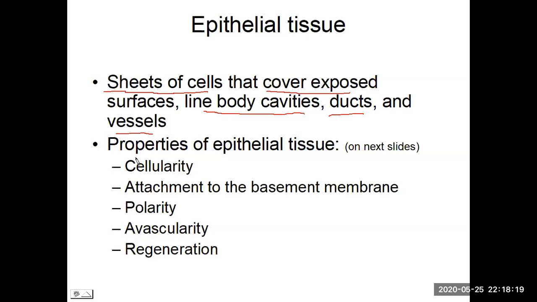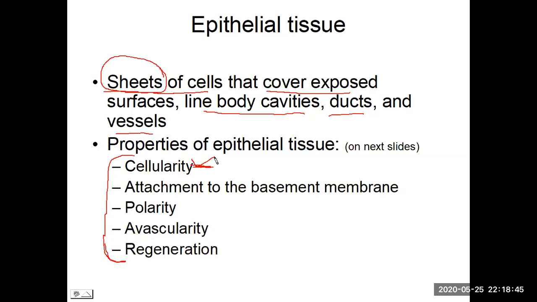And the traits that we find in epithelial tissues are spelled out here, and we'll continue with these on the next few slides. Epithelial tissues have this trait of cellularity, and this goes right to this trait here, that there's an interconnected sheet of cells. So we'll describe how epithelial cells are bonded to their neighbors.